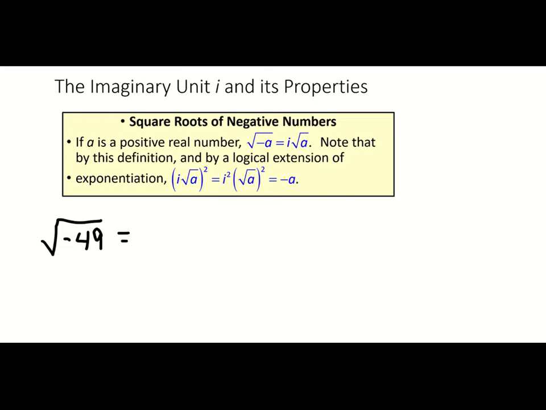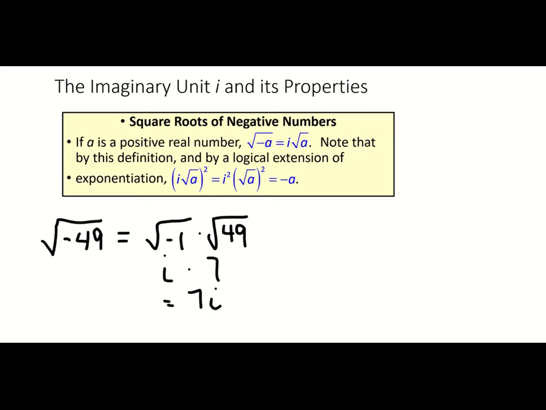But what I can do is I can rewrite this as the square root of -1 times the square root of 49. We know the square root of -1 is equal to i, and the square root of 49 is 7. So then our final answer here when we simplify is 7i.